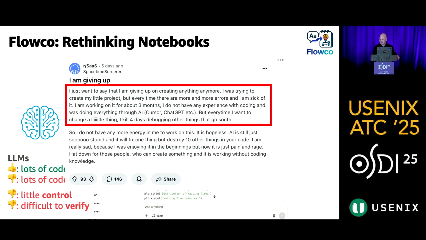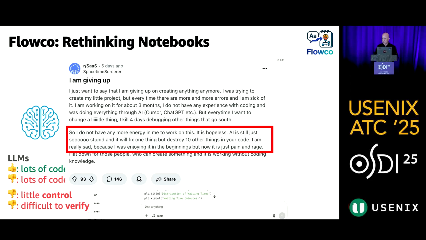But every time I want to change a little thing, I kill 4 days debugging the other things that go south. So I don't have any energy in me anymore to work on this. It is hopeless. AI is still just so stupid. And it will fix one thing, but destroy 10 other things in your code. I am really sad, because I was enjoying it in the beginning, but now it is just pain and rage. And I feel this person's pain.